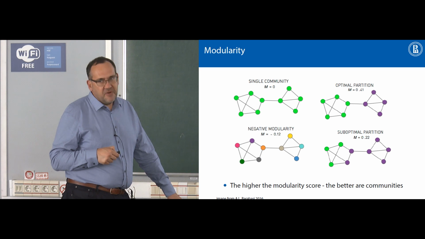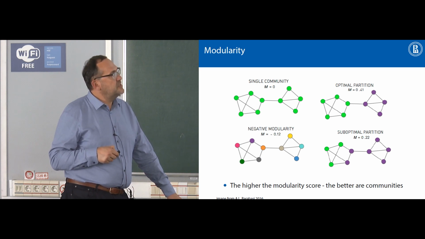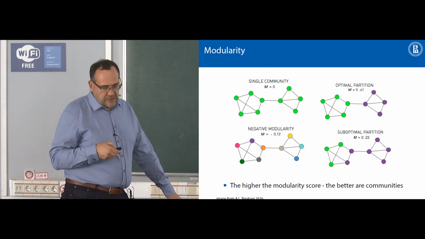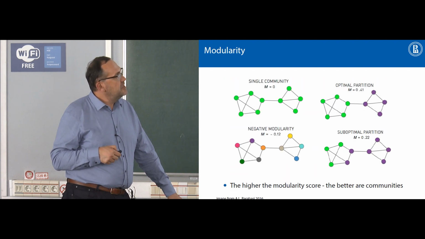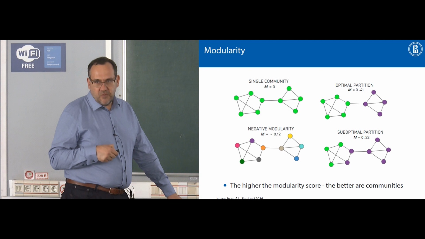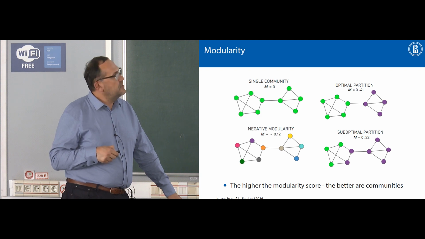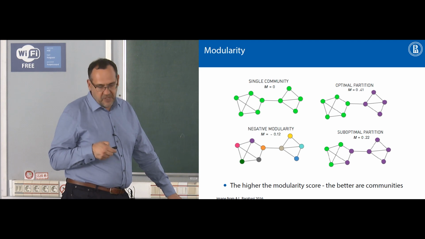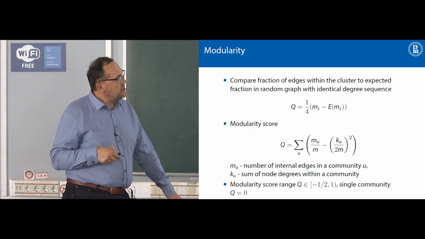Now, here we have the same graph, but a very different assignment. Here I believe this is one community, this is another community. I calculate the same type of numbers, but now it's going to be 7 within one community, and 5 within another community. I compute those ratios plus that number.